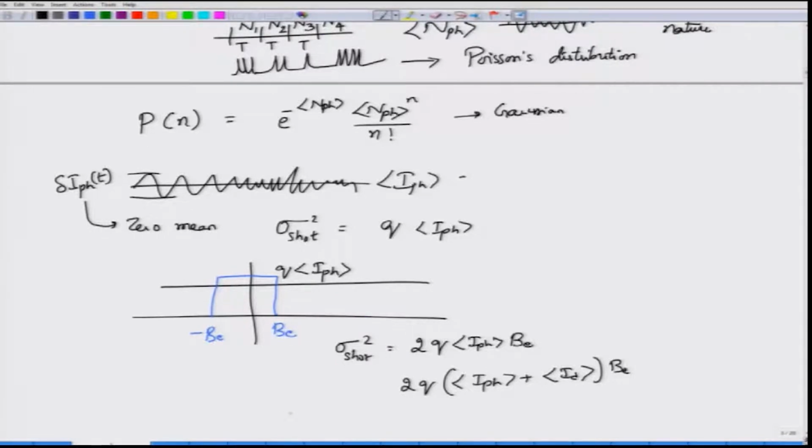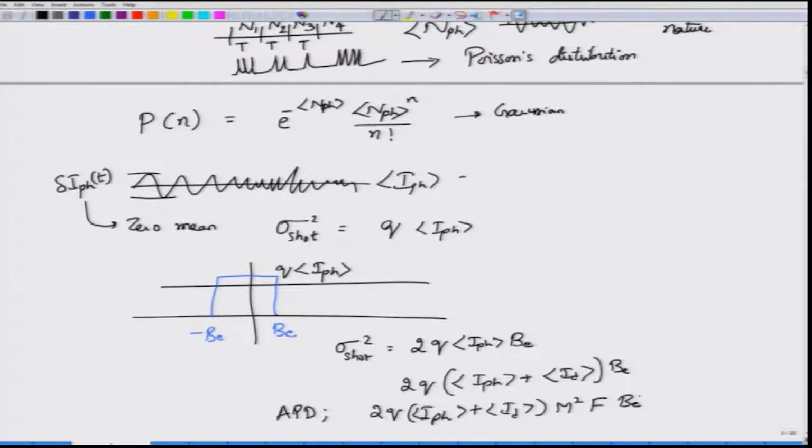For APDs, the shot noise variance is slightly more complicated. It is actually given by 2q into the primary photocurrent, which is again mean, plus the dark current, times M square, which is the multiplicative gain, times F, times B_E.